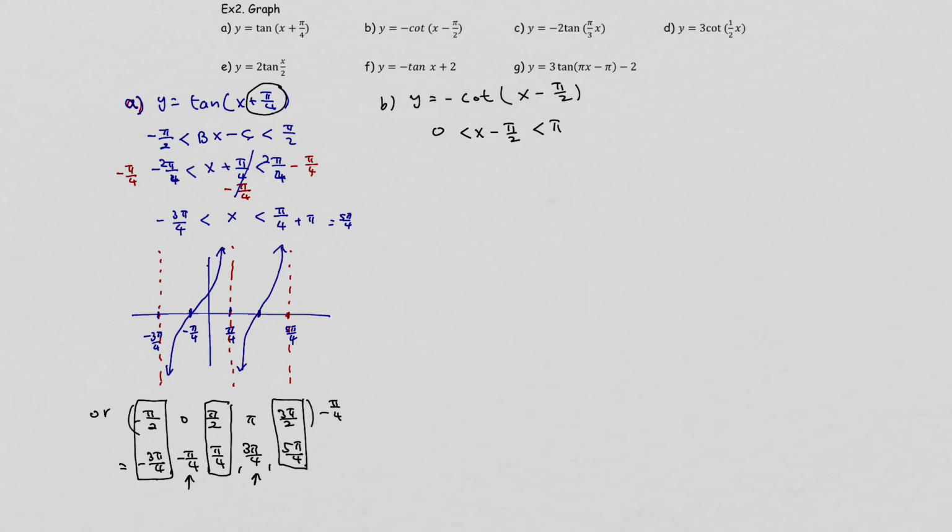What we want to do is isolate x in the middle by adding pi over 2 to all three sides. So in the middle, you will just get x, pi plus pi over 2, so this becomes 3 pi over 2, and that's going to be pi over 2.